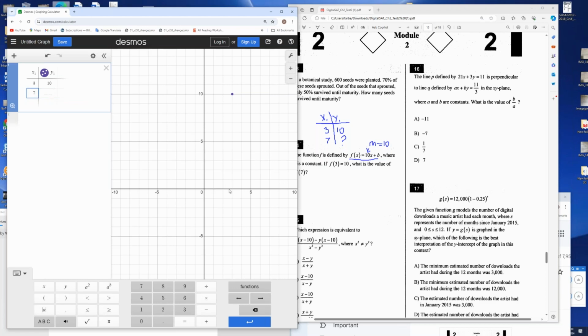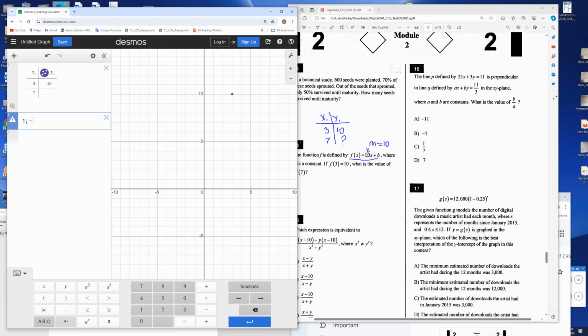Now, y1, like we did already today and last time, shift and tilde, and not mx, because m already equals 10.